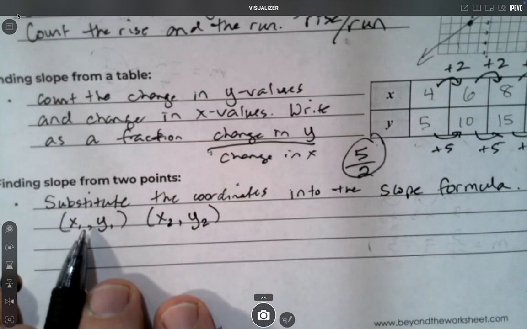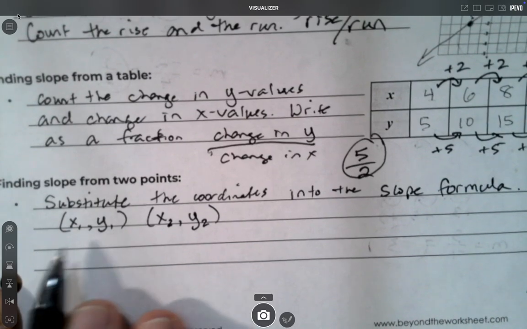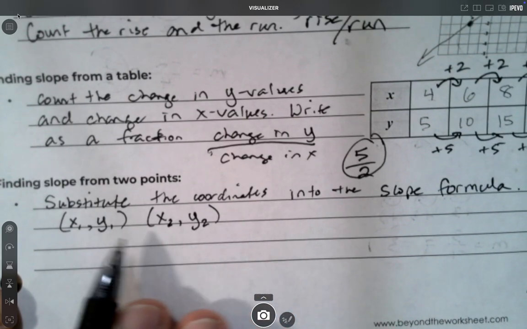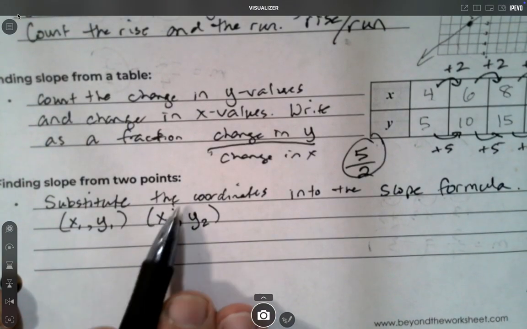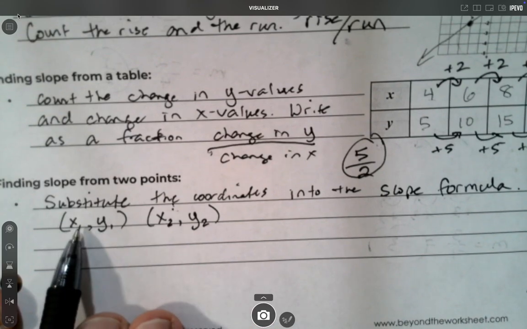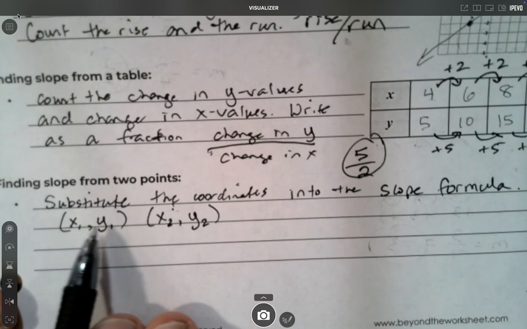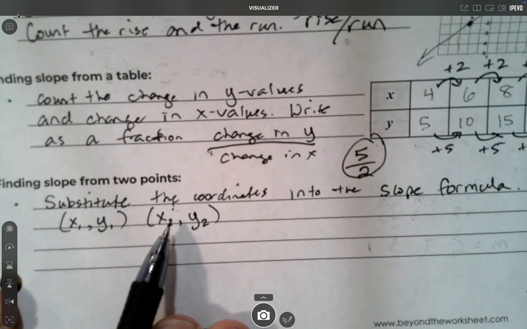When we write numbers down below, that's called a subscript, and that's simply a way to identify the number. So if I'd written a 2 up here, you know that was an exponent. It's called a superscript. That's actually an operation. These aren't operations. This is just saying this is x from our first point. This is y from our first point. This is x from our second point.